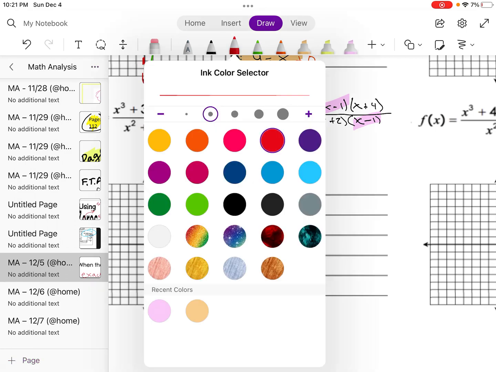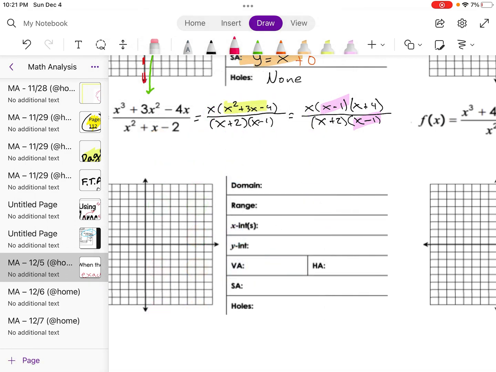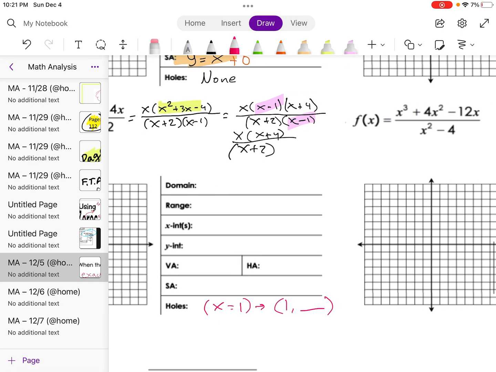And now I see that there is something that's going to cancel out. I've got this x minus 1 on top and bottom. This tells me that there's going to be a hole at x equals 1. But we have to write it as a coordinate, so it's going to be 1 comma something. This rewritten is x plus 4 over x plus 2.